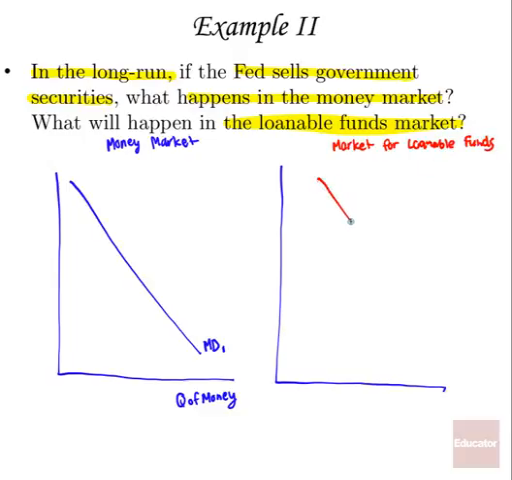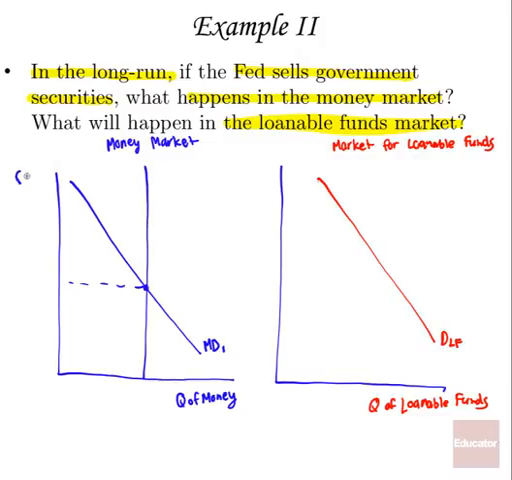Here's the demand for loanable funds, and this is the quantity of loanable funds. Let's go ahead and deal with the money market first, and use all blue here. This is the money supply, and here's the R, or nominal interest rate. And this is R1 here. So this is MS and MD1 here.